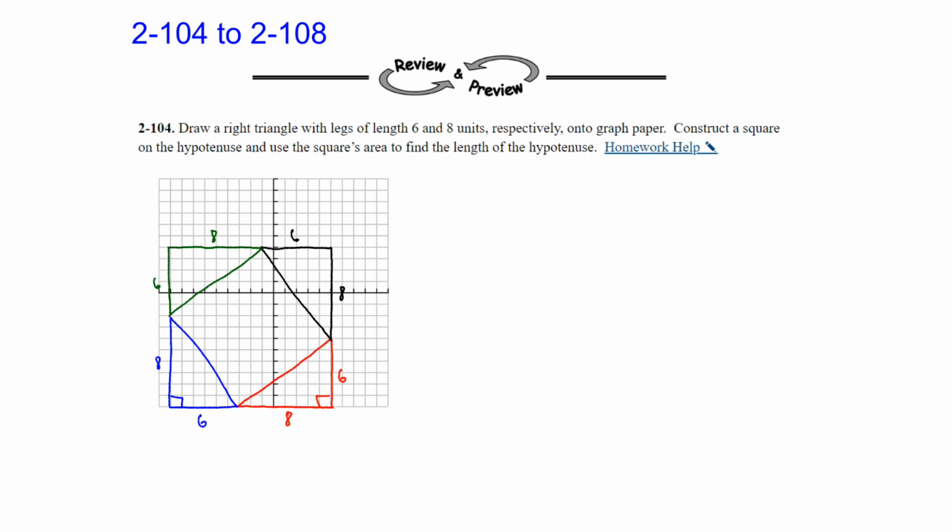So what we can do is we can find the area of the entire thing, because that's just one big square. And what you'll notice is the side lengths on each of these is 8 and 6 all the way around. Okay? So therefore the entire side would be 14 by 14. So the area of the big square is 14 squared, so that's 196 units squared.